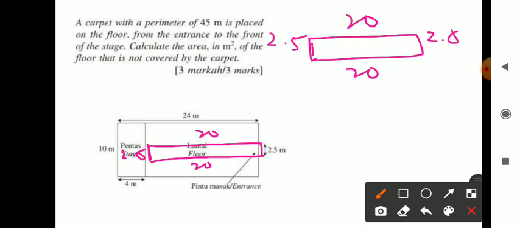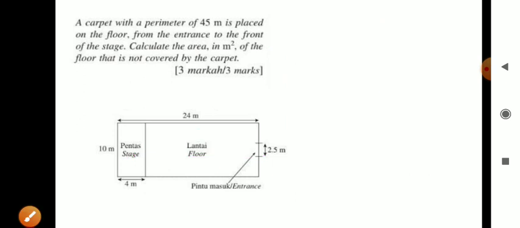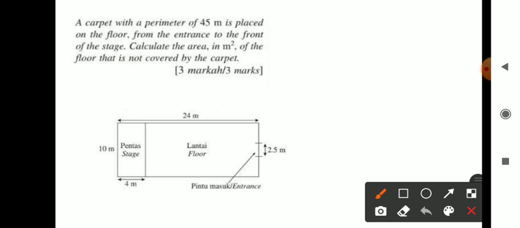So, the area of the floor is very easy to count, no? The area of the floor is this part. This is 20 meter. Then this is 10 meter.